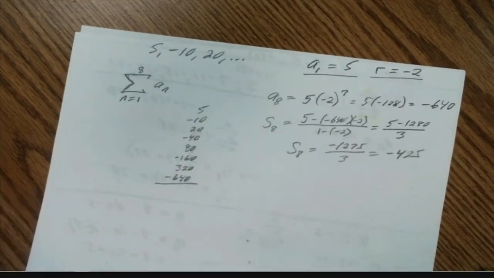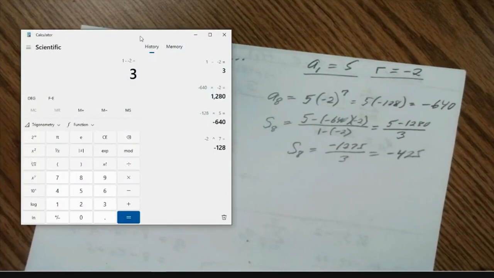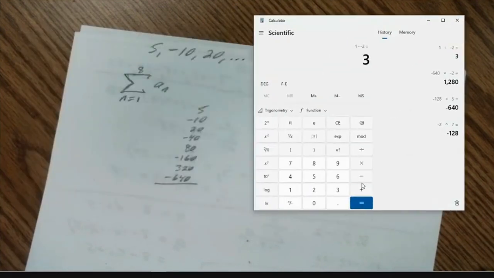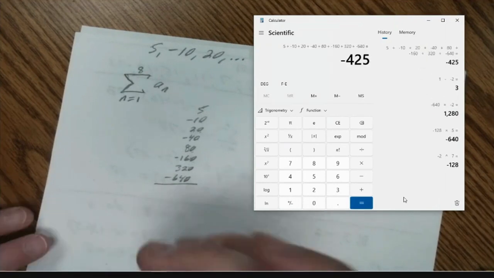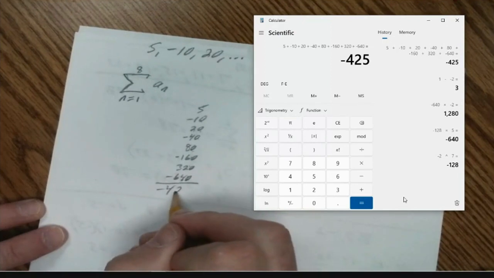If we add all those together, 5 plus negative 10 plus 20 plus negative 40 plus 80 plus negative 160 plus 320 plus negative 640, hey, look at that: negative 425.